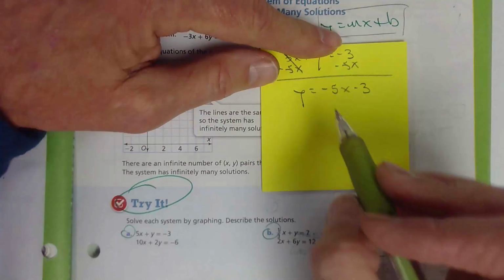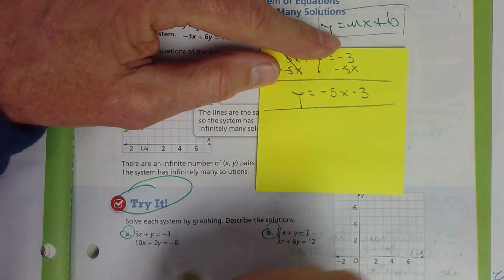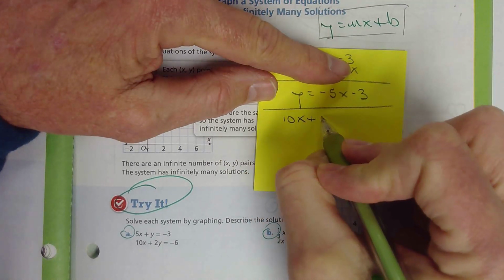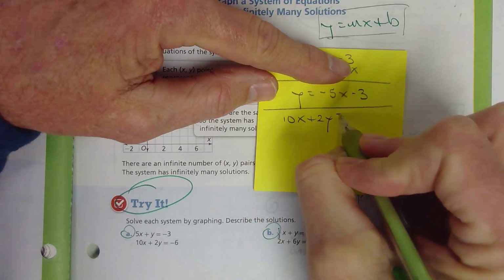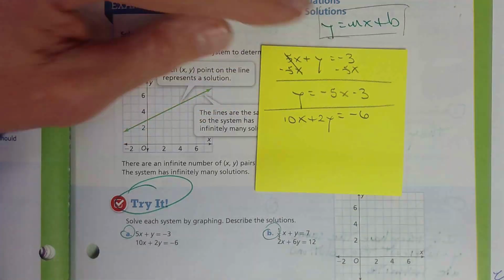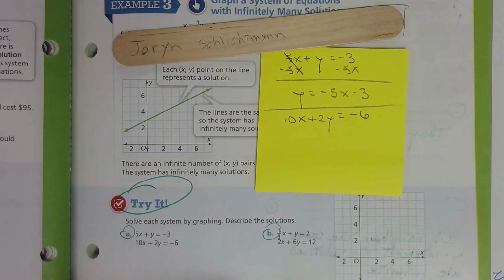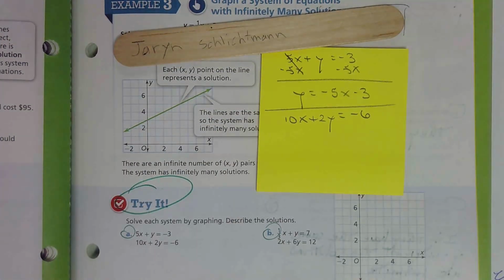Well, let's do the next one. The next one is 10x plus 2y equals -6. All right, pulling a stick here. Mr. Slickman, any idea what's the first thing I would do to get it in the form of y equals mx plus b?